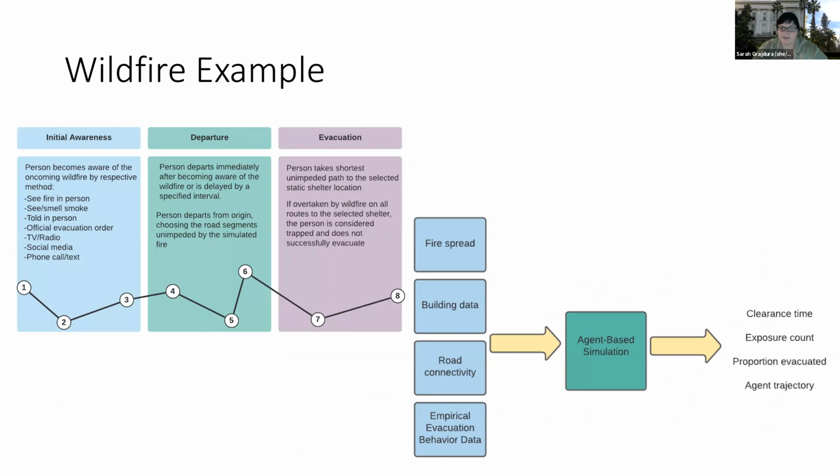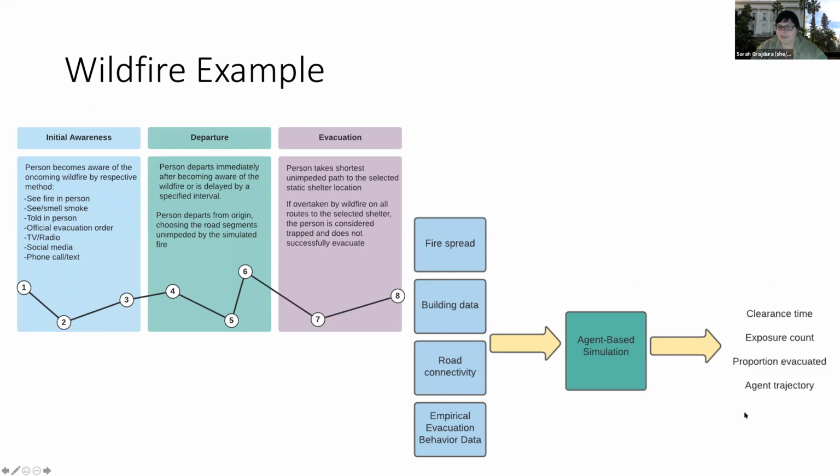I also wanted to include other information about fire spread, building data of the area, road connectivity, and the empirical evacuation behavioral data I was just describing. I wanted to throw all of that into this ABM, agent-based simulation.